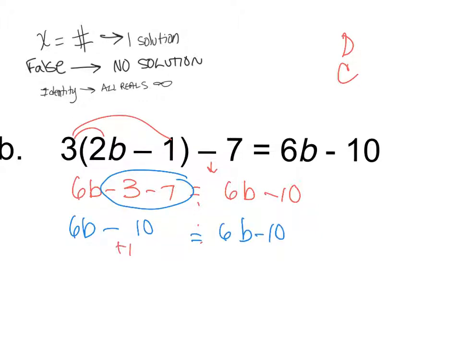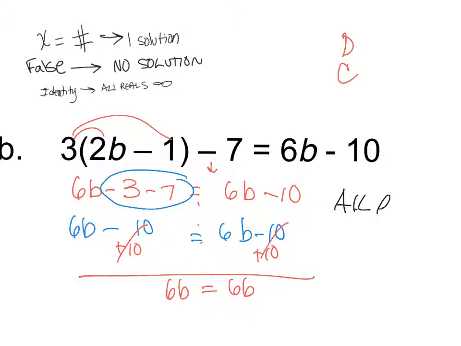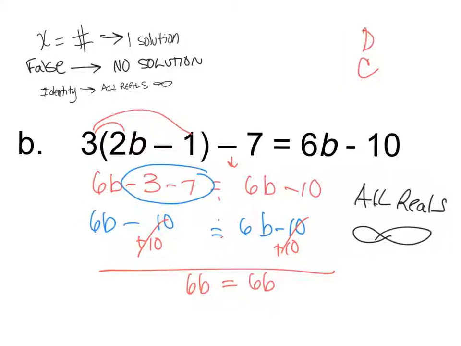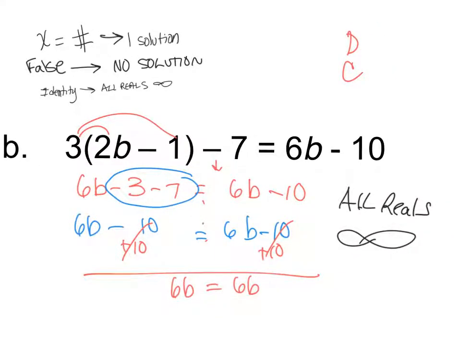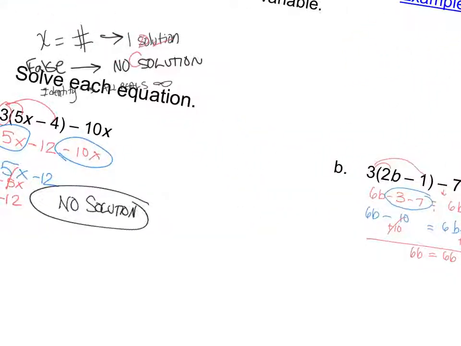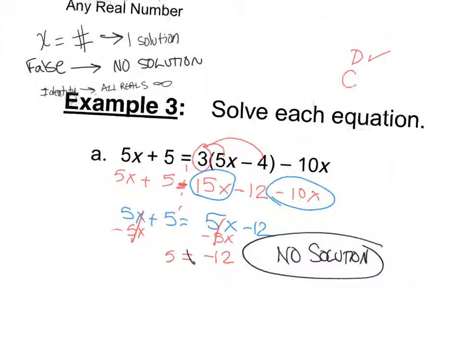If I continue to solve this, I would get 6b is equal to 6b, which is the same. So this is called all real numbers. You could also use the infinity symbol. You could say infinite solutions. Either way. So when you get a true statement such as this one, 6b is equal to 6b, you get all reals. A false statement is no solution.